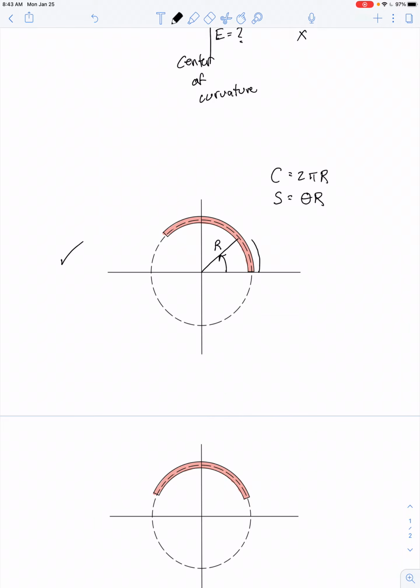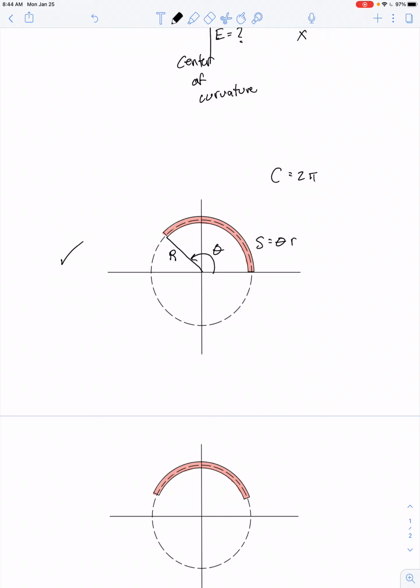So the distance S up to this point is equal to this angle theta multiplied by R. So if we draw it again here, there's R, and there's theta, S equals theta R.